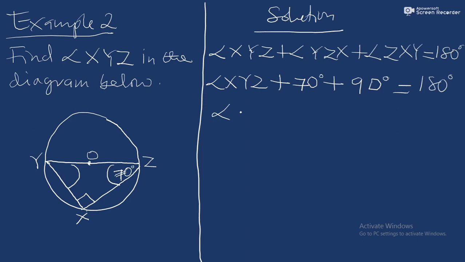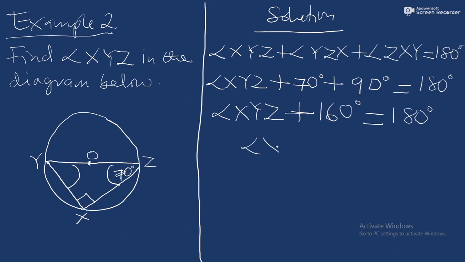So angle XYZ plus this one will give us 160 degrees will be equal to 180 degrees.